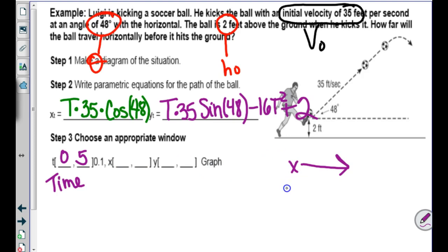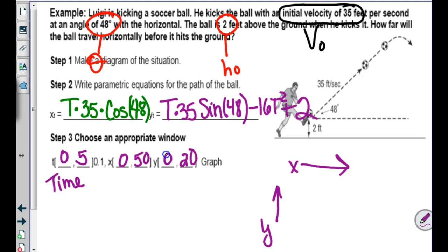How far away do you think a soccer ball goes? We'll put 50 feet. Might be even more, but we'll put 50 to start. Y is the vertical, so how high does it go? 15, 20? Might go further than that.